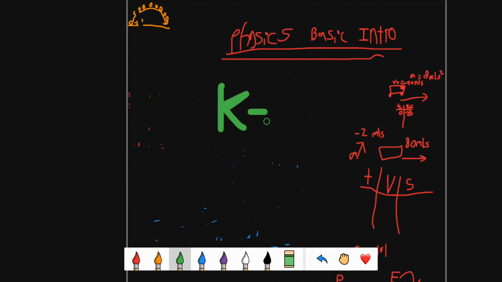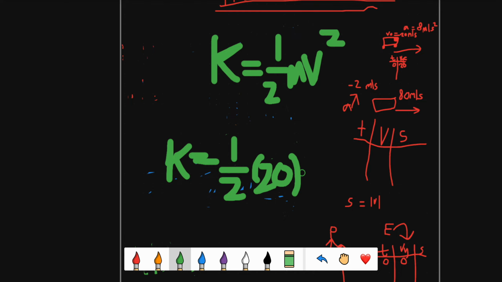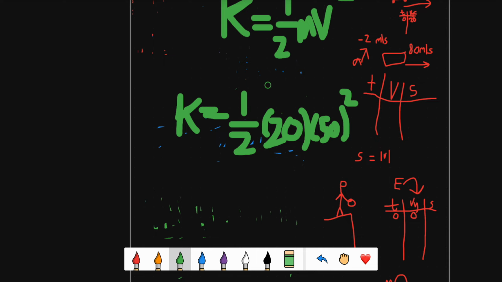K equals 1/2 mv squared. So we already have 1/2 times 20 times 50 squared. 50 squared is 2500, times 20 is 50,000.